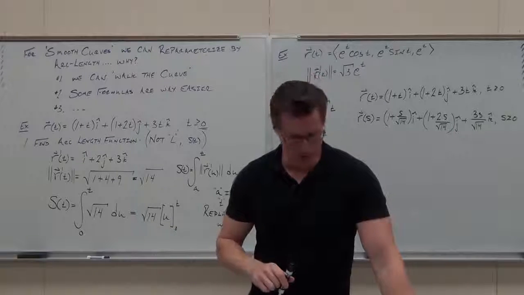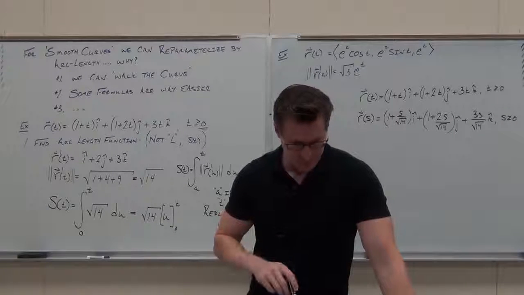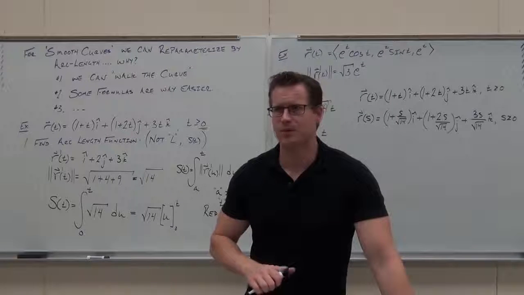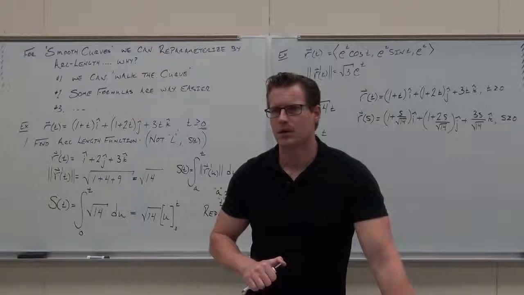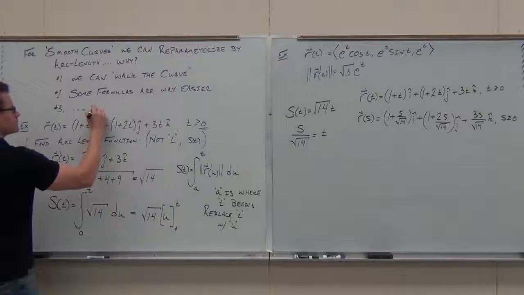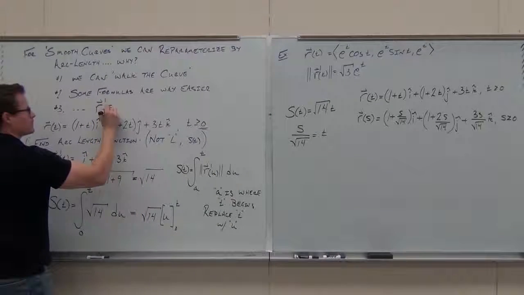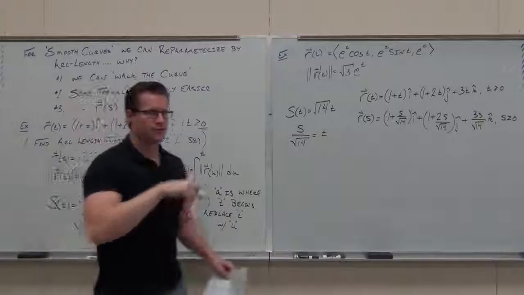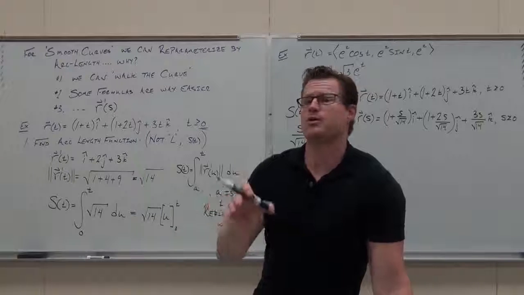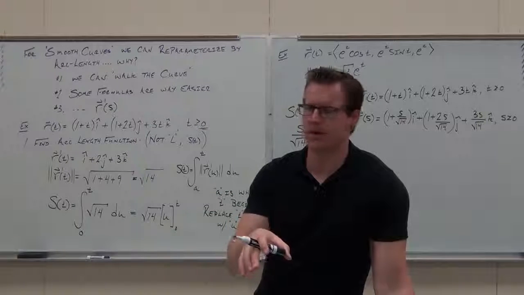Now, here's the number 3. I'm going to fill this in for you right now. The third reason, the most important reason why we do this. If you take a derivative of a vector function that has been reparameterized by arc length, listen carefully.